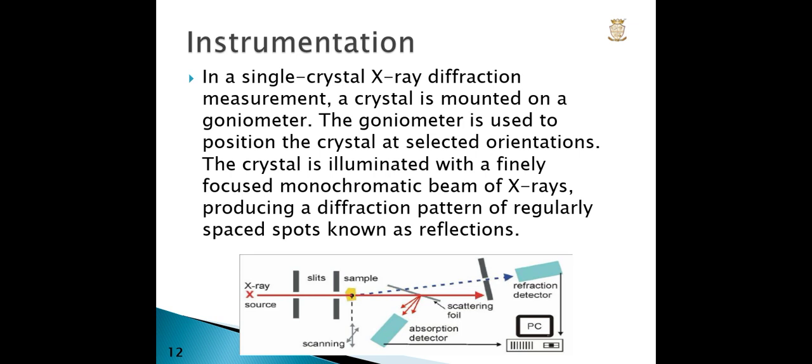Here in this picture, you can see the X-ray source, and this passes through the slit, that is the monochromator, which means only a single wavelength of light can pass through. Then it enters the sample and undergoes diffraction of the X-rays, which is detected on the detector.